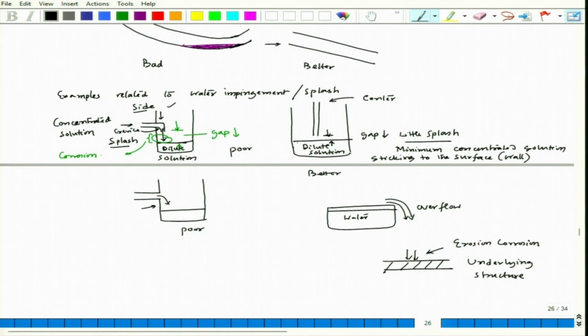So, even if we experience overflow, that particular overflown water should not fall on some underlying structure.